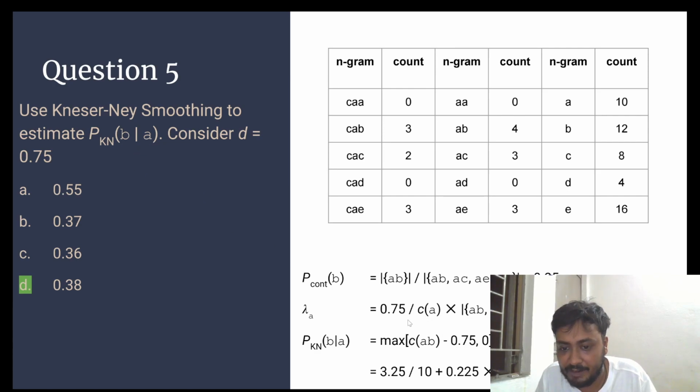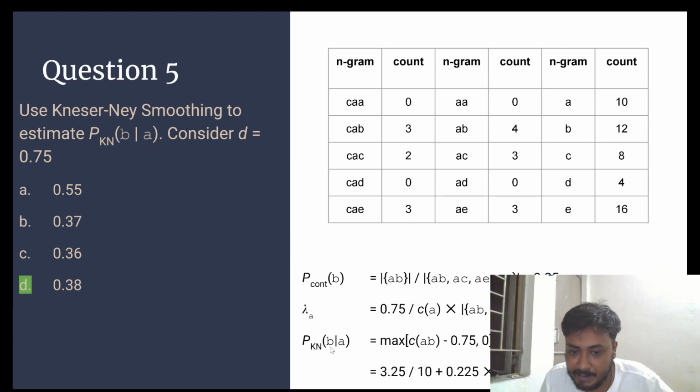So 0.75 divided by count of A, the number of times A occurs in the corpus, into the number of unique bigrams that start with A. How many unique bigrams start with A? We have AB, AC and AE. There are 3. So it's 0.75 divided by 10 into 3, which comes to 0.225.